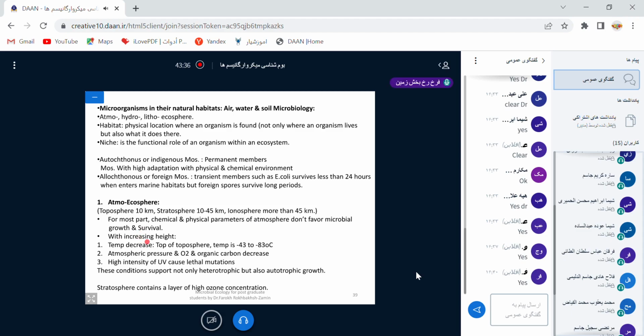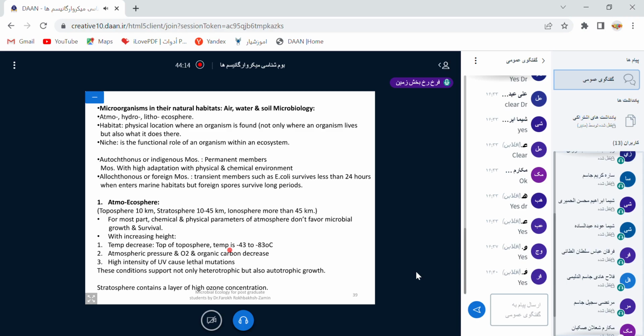With increasing height, what happens? For example, if you go mountain climbing, if you go up Everest, what's happening? What do you feel? Number one, as much as you go up, the temperature decreases. At the top of the troposphere, the first part, the temperature is minus 43 to minus 83 degrees centigrade.